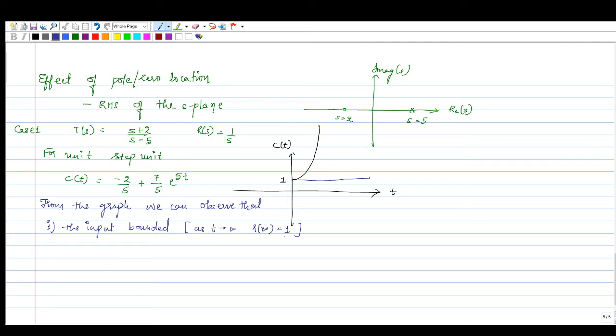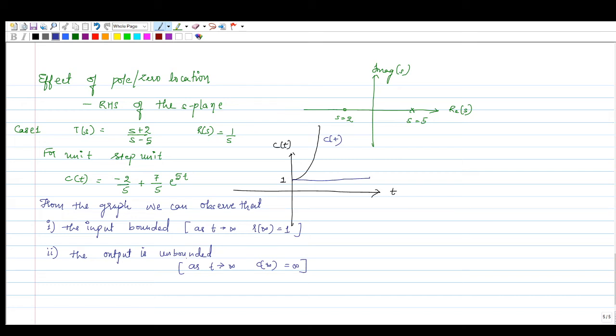It is not infinity. So this is a bounded input, whereas the output is unbounded. The response C of t is increasing as t tends to infinity. C of infinity is also equal to infinity. So your output is unbounded.